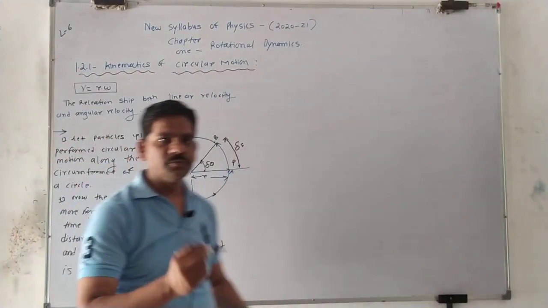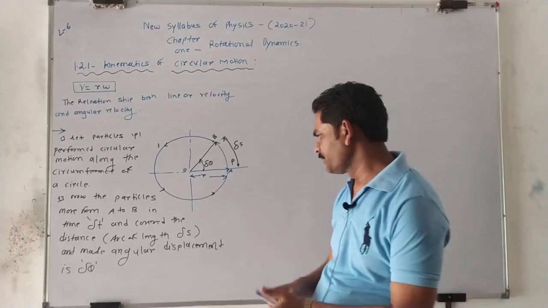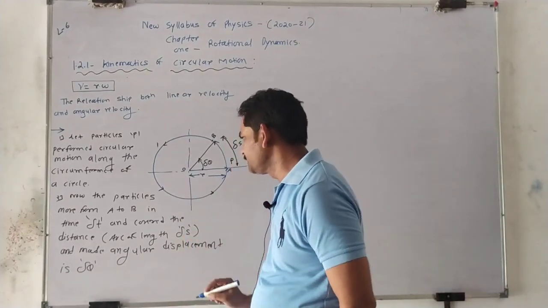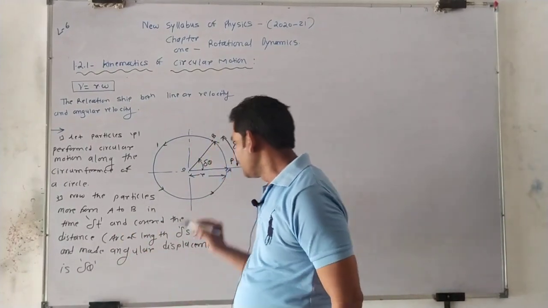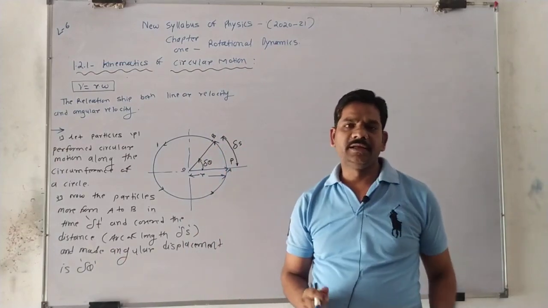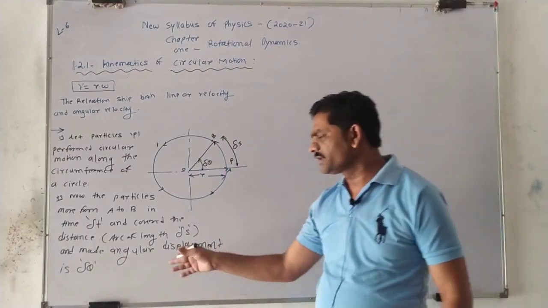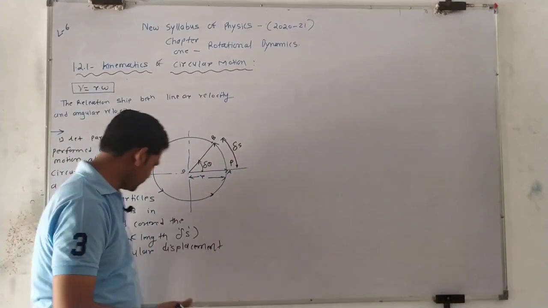Yes or no? Yes, we write down all these parameters: arc length delta S, time delta t, and angular displacement delta theta. This is completely for which condition? Instantaneous conditions, right?